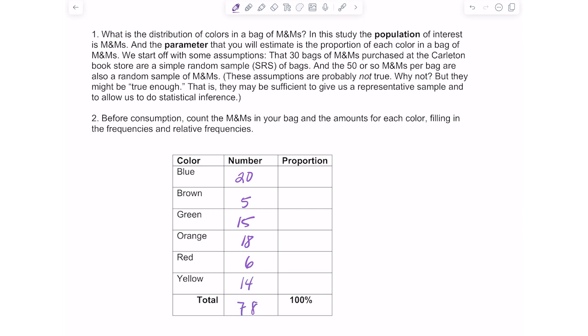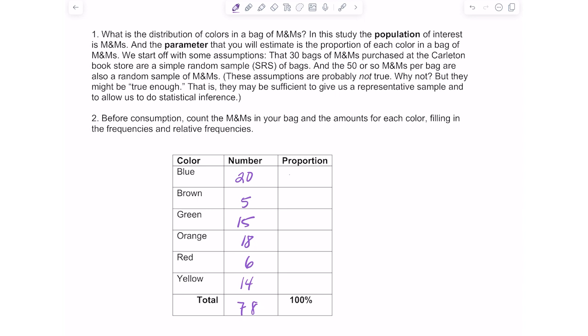What I want to do is change each of those colors to a proportion. To do that, you take the number of M&Ms that are blue, for instance, and divide by the total number of M&Ms. That gives us the percentage of M&Ms that are blue.